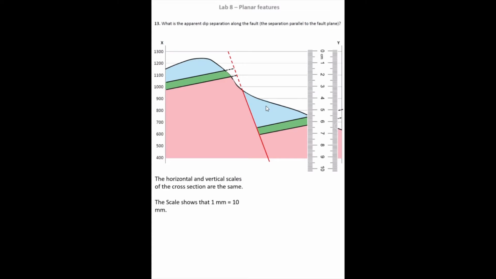So what we need to do is figure out first of all if the scale of our cross-section is the same as the map. And you can see that, yeah, 100 meters equals 10 millimeters, so 1 millimeter on our cross-section is equal to 10 meters in real life. That's the same scale as the map. So what we can do is measure two formerly continuous points along that fault plane.